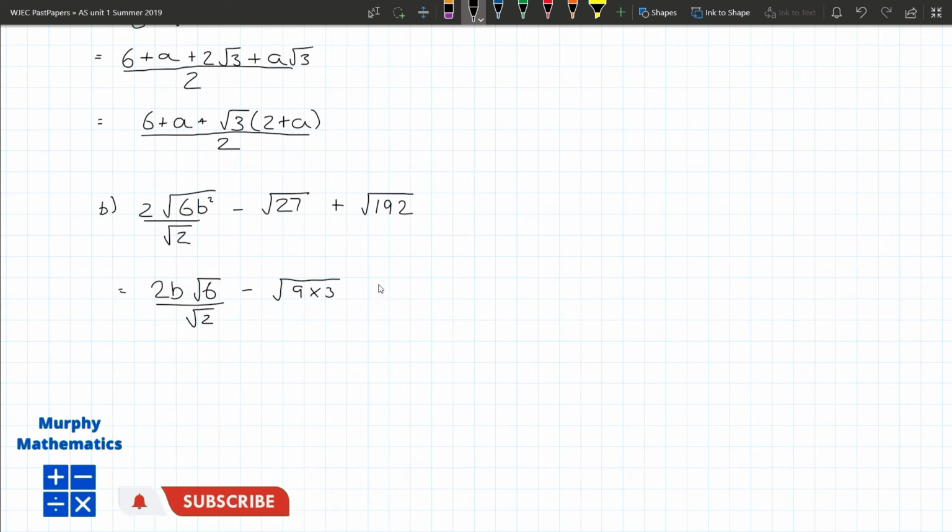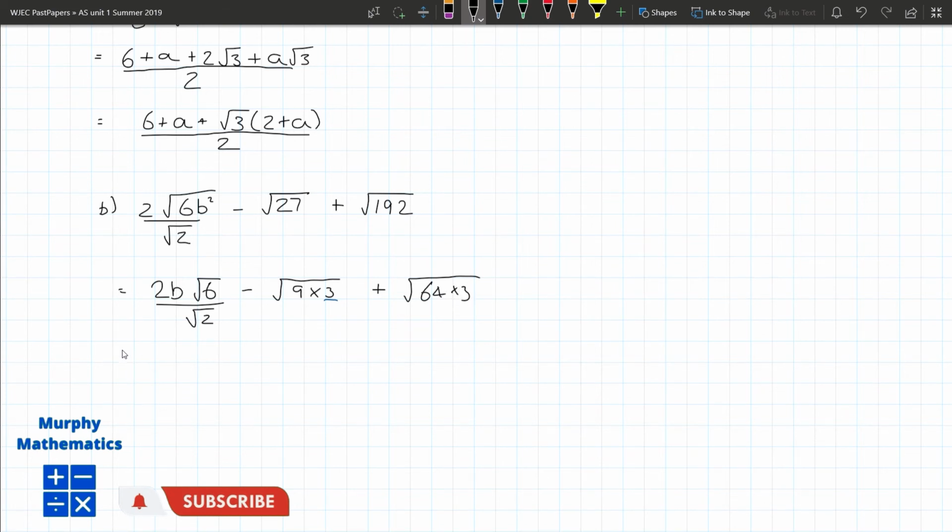Now root 192 is quite a large number, but I've already got a suspicion that we're going to be dealing with root 3's, since my second term already has a 3 in it. So I'm going to check in my calculator if 192 is divisible by 3. And it is, and we get 64, which is also a square number, which is 8 squared. So I've got 64 times 3.